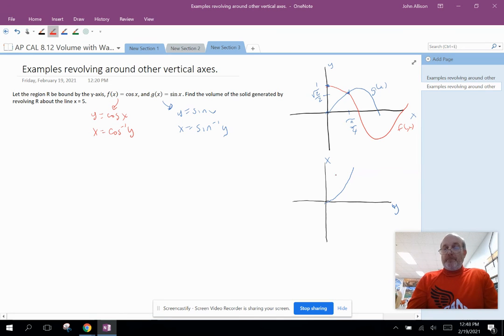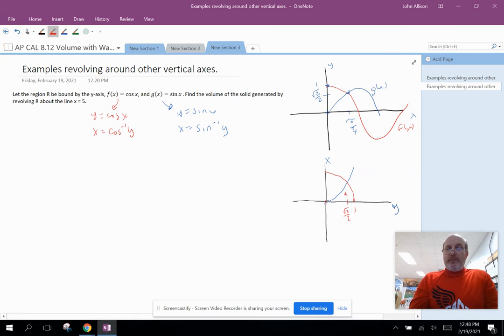And this one, y is going to be at 1. And so we're looking at something like this. So this is going to be when y is 1. This is going to be when y is the square root of 2 over 2. And then this is going to be 0.